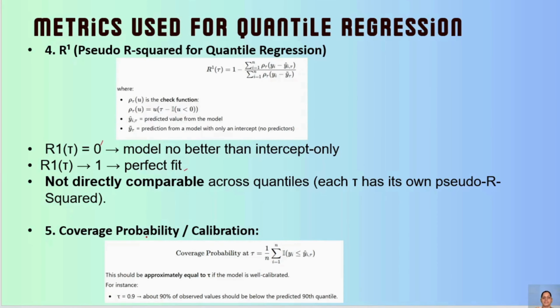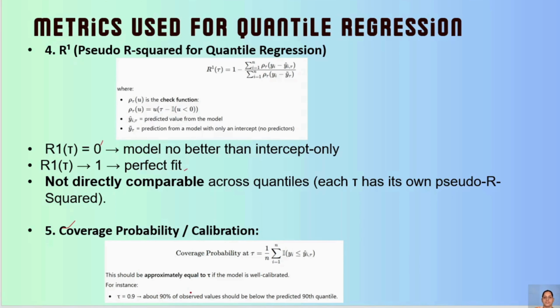So that is all, guys. And we have one more thing, which is coverage probability or calibration. This is where 90% of observed values should be below the predicted 90th quantile, and it should be equally calibrated.